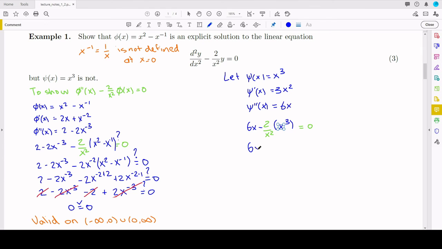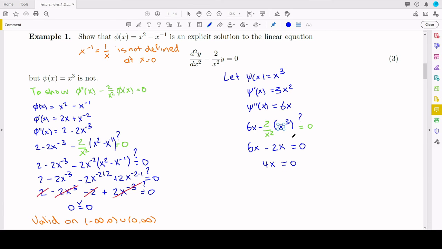We have 6x minus, and then the x squared and the x cubed, we get some cancellation going on. So that's actually negative 2x equals 0. And then we have 4x equals 0.